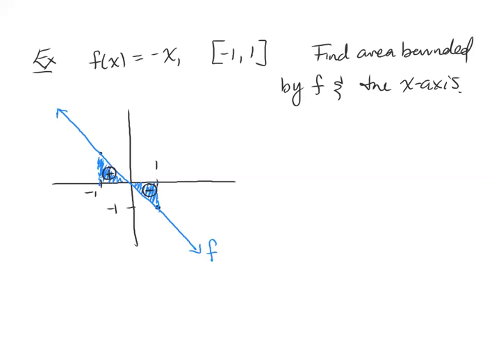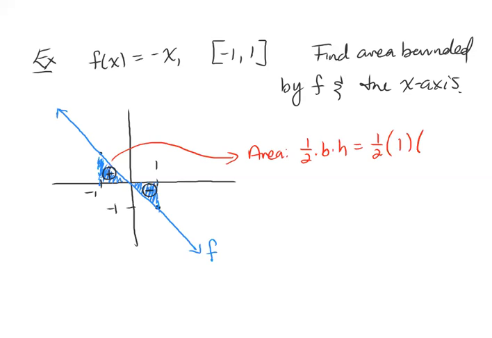Let's look at this area. Well, it's a triangle. I can find the area of a triangle by 1/2 times the base times the height, which in this case is 1/2 times the base, in this case 1.